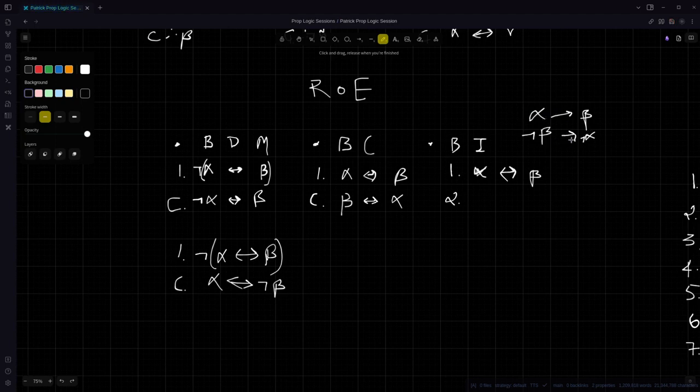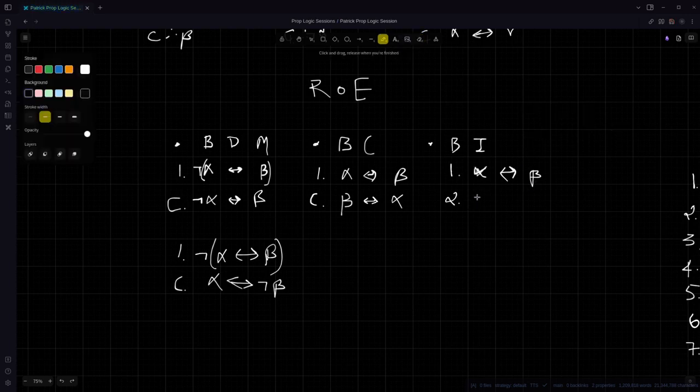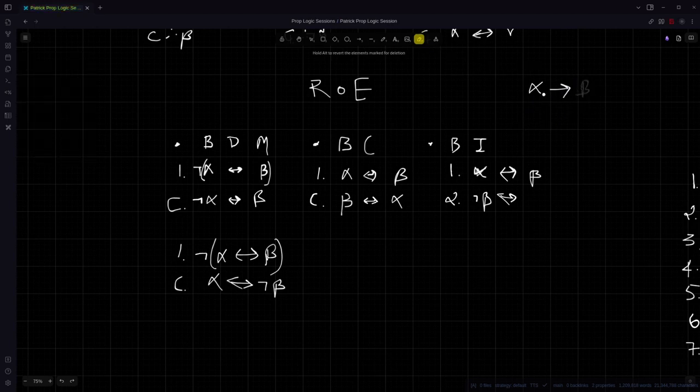We talked about the four types of conditional: the converse, inverse, contrapositive, and the normal conditional. But you can't do commutation on a conditional, though you can do commutation on this one.